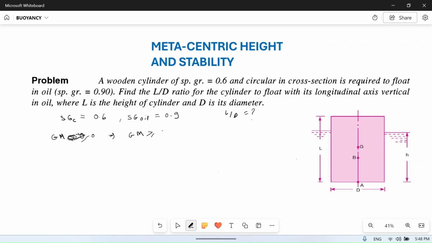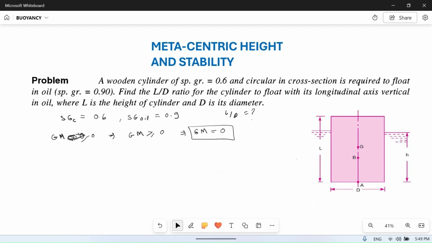So at minimum GM is equal to 0, which means the metacentric point should be at least at G, the center of gravity of this cylinder. If it is below, then it will be unstable, and if it is above, then it will be stable. But at least it should be 0. It should not be negative.